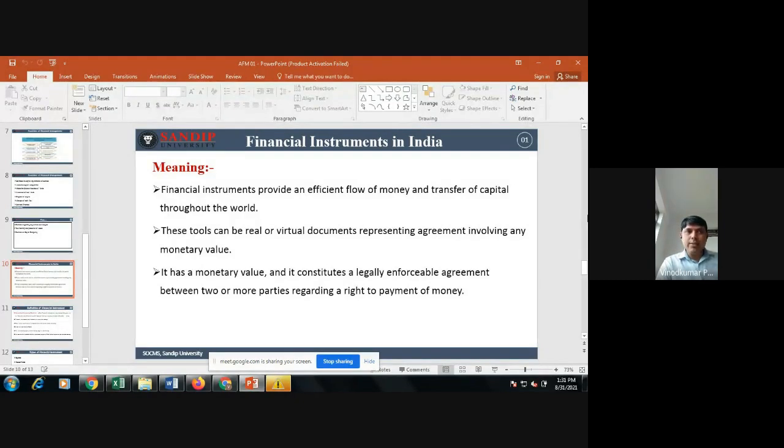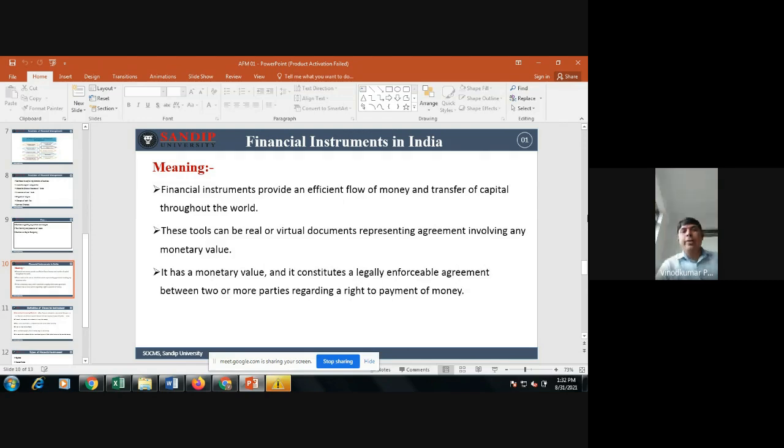So here we are discussing the financial instruments in India. Various instruments are available in India. With the help of these instruments, we can raise funds for an organization from the general market. Shares, equity shares or preference shares, are a very popular instrument among all instruments.